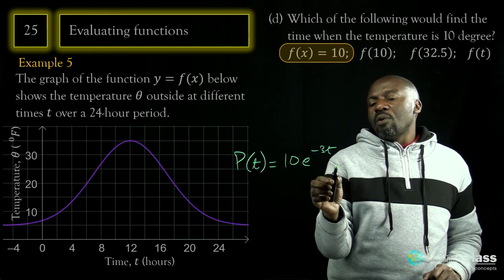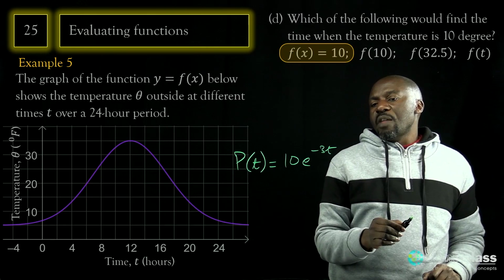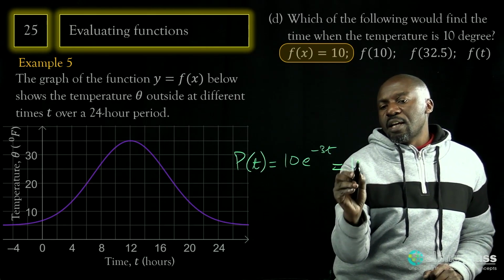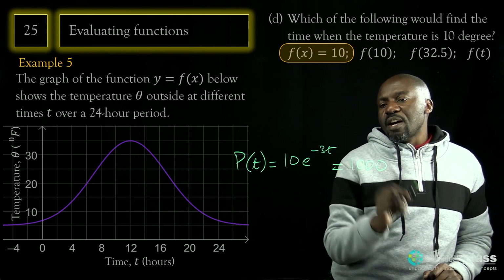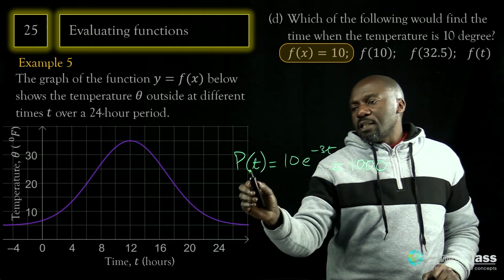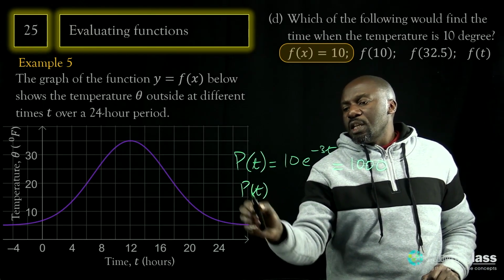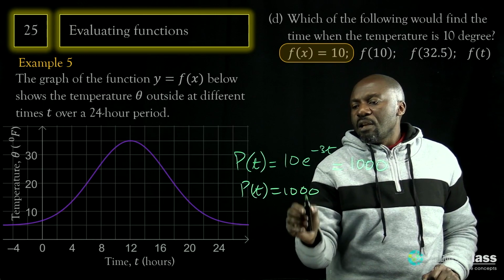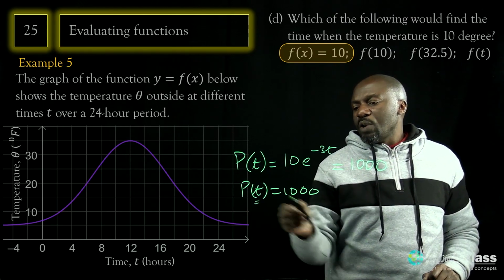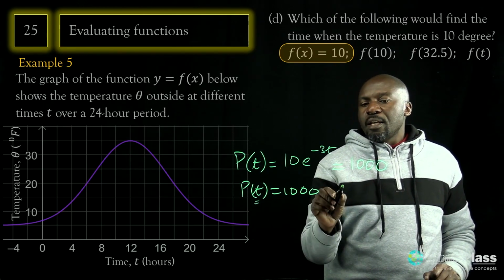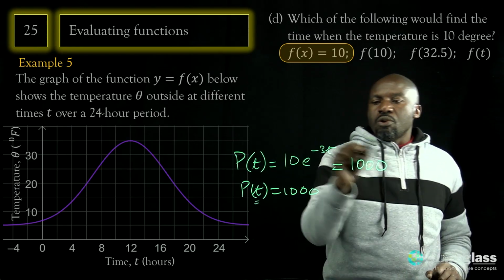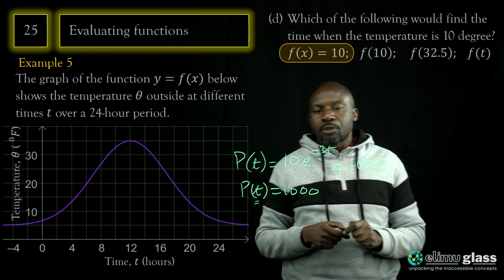So you say, well, when is the population going to be 1,000? That means you are given this side, 1,000, and you want to find the value of t. So that's the same as P of t is 1,000, find t. We are looking for the time. So in this case, you know what we would have to do to find it.